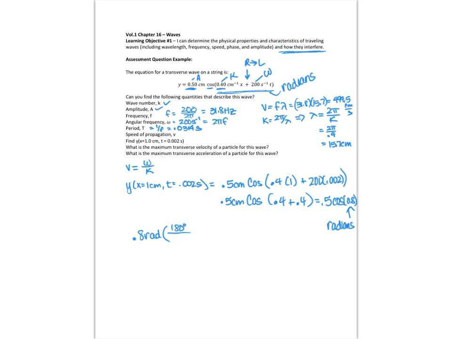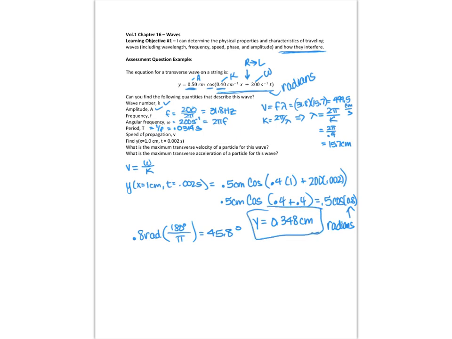I know 180 degrees is pi radians. And so it just makes it easier. Then you never switch back the mode of your calculator and you don't screw stuff up. So the angle is 45.8 degrees. If I do put that value in to find the cosine of 45.8 and multiply it by 0.5 centimeters, I end up with 0.348 centimeters. So that's my value for y.